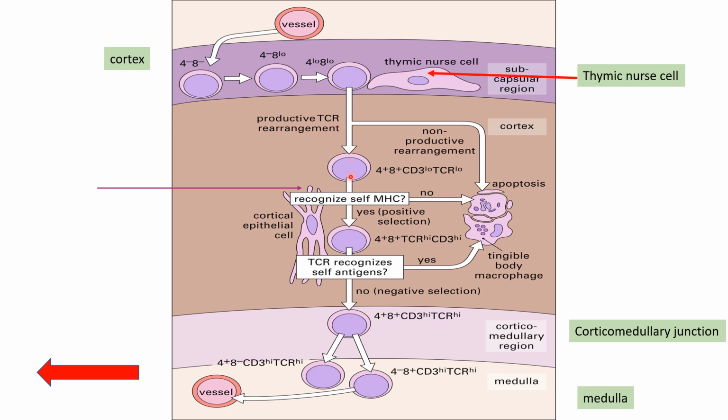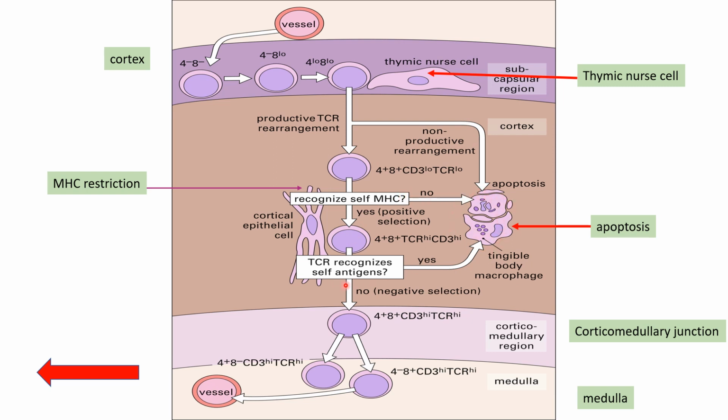In addition to this, the cell will also develop MHC restriction, and if it is able to recognize the self MHC, it will go to the next step. If it is not, then it will undergo the process of apoptosis.